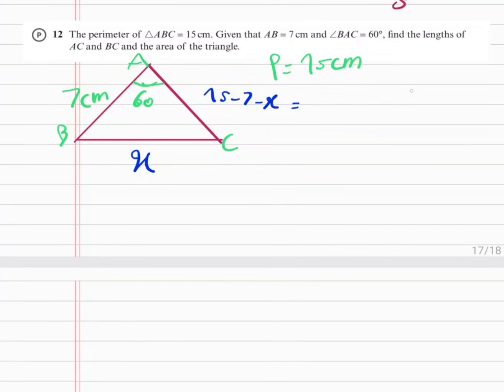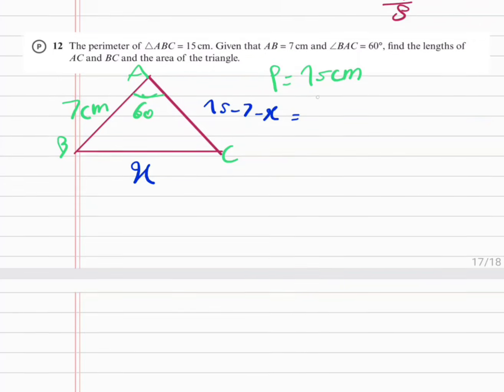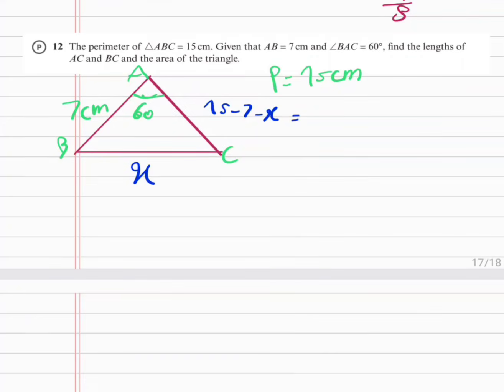Because remember that 7 plus x plus this side length is going to be 15. Now we are just rearranging this and saying that the perimeter minus 7 minus x gives us AC, which is equal to 8 minus x. So therefore this side is just 8 minus x centimeters.